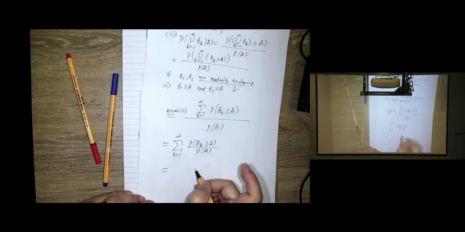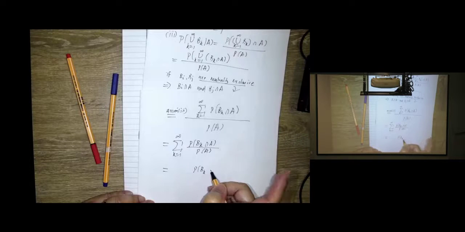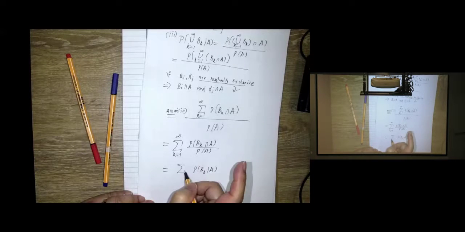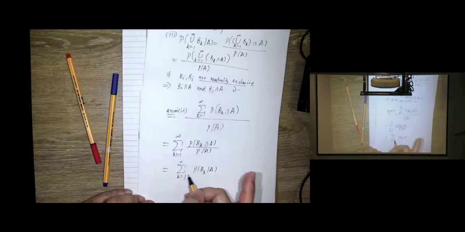Okay, and then this is just the definition of the conditional probability. Okay, so that establishes proposition 7.